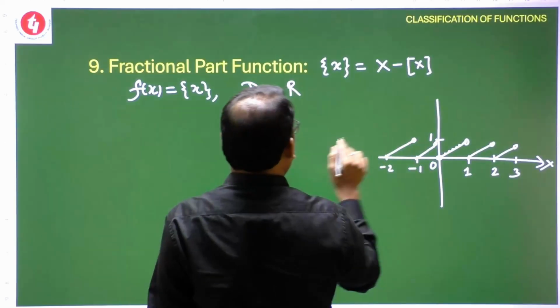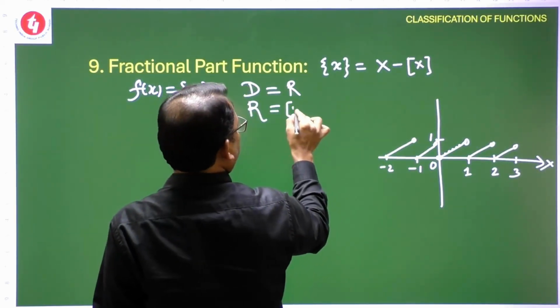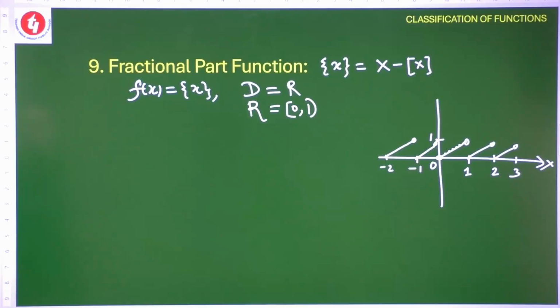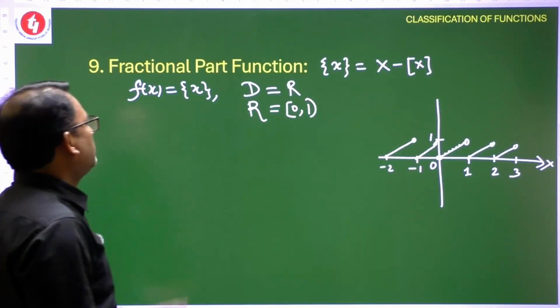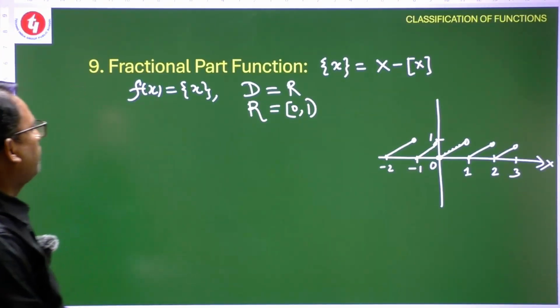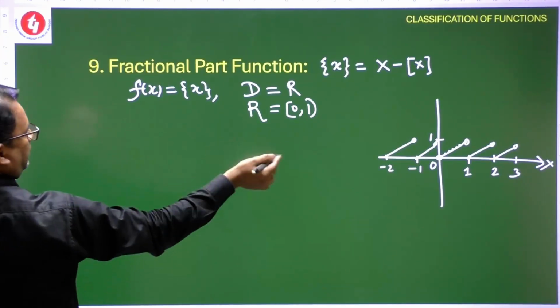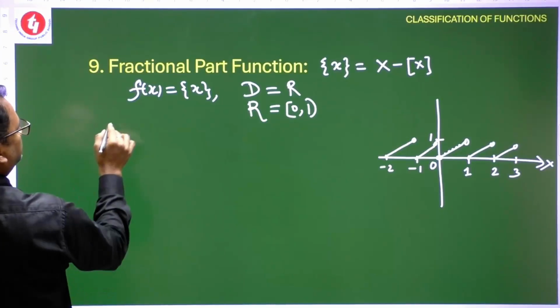At the point 1, again it is 0. So the minimum value is 0, the maximum is less than 1. So 0 to 1 is the range of the fractional part function, and the graph is clear. You have to practice this graph also.